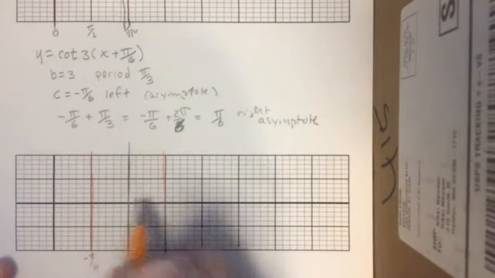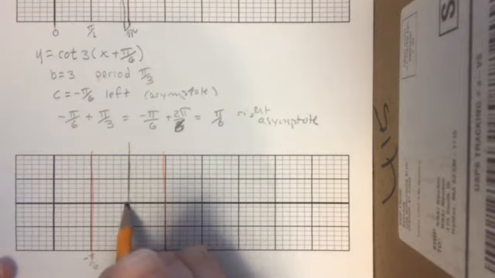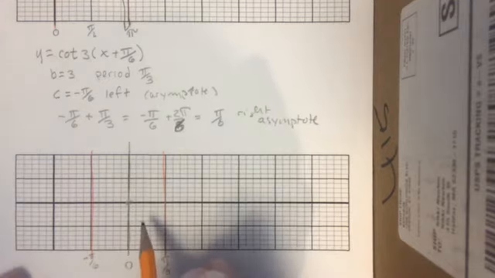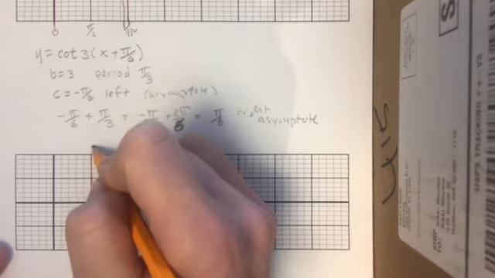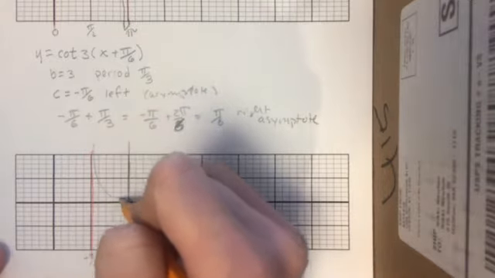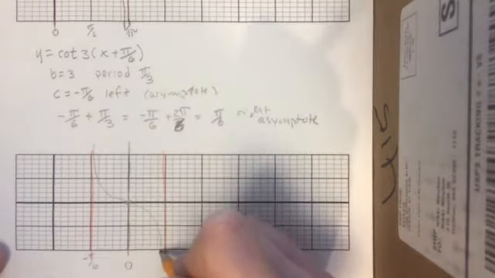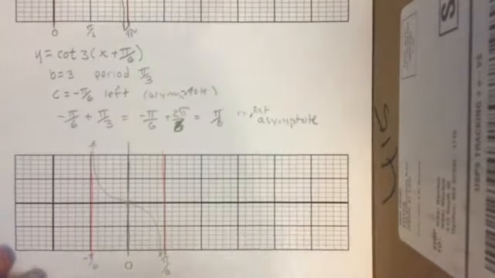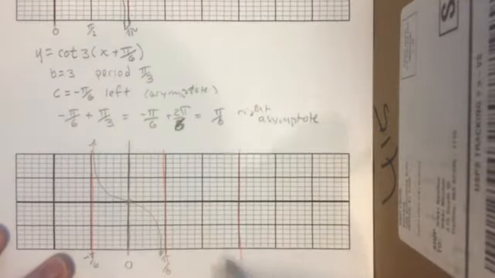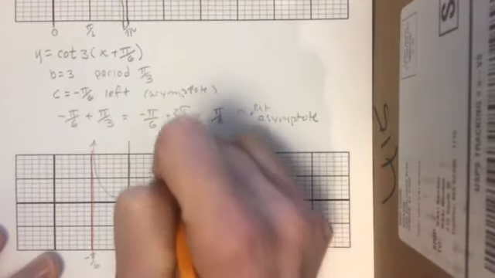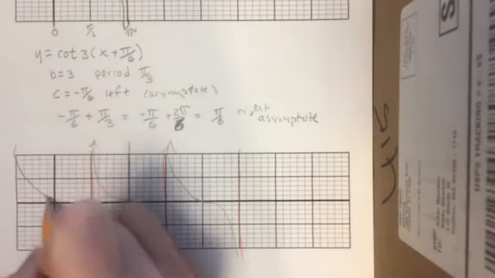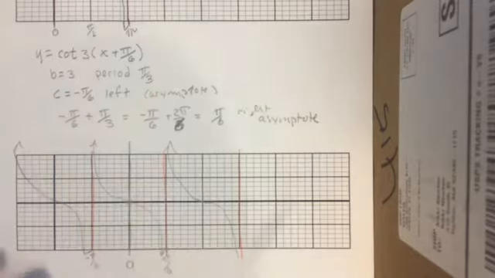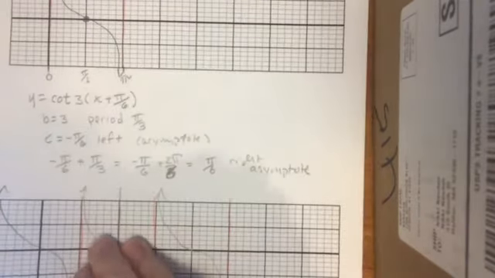My center is always halfway in between those, and I didn't have a vertical stretch or shrink. So I'm going to graph this curve. Remember, it's a cotangent, so it twists the other way from tangent, like this. I'm done with this one, but do remember that it keeps repeating. So I'd have another one here, and another one over here. And that is cotangent.